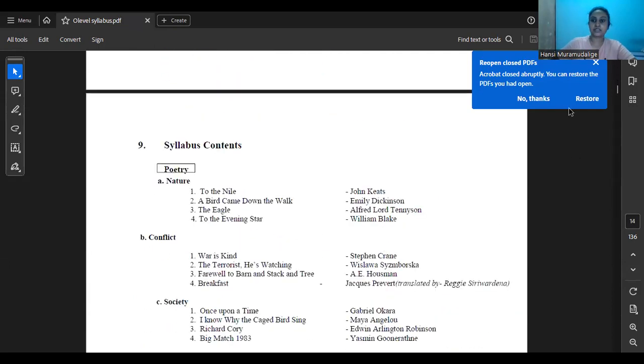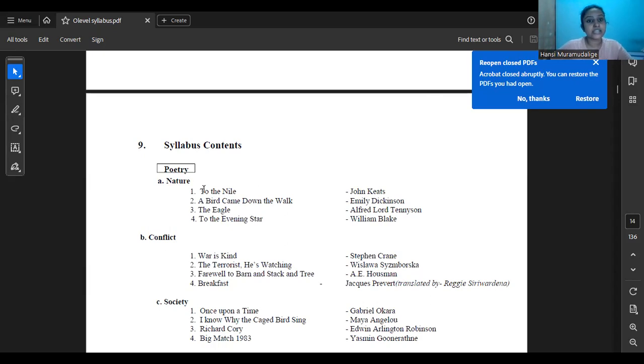Here it is. Now, in your anthology, we call this book the anthology, right? Because all the things are here except the novel. All the things that you're going to study are here except the novel. Okay? So it says, you have poems.